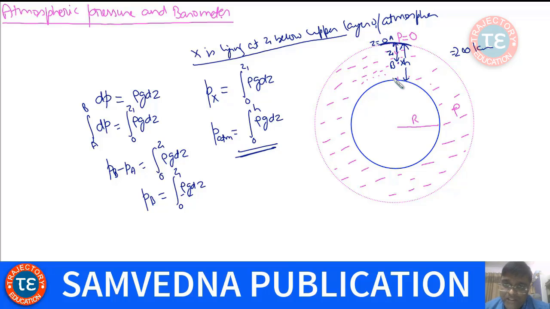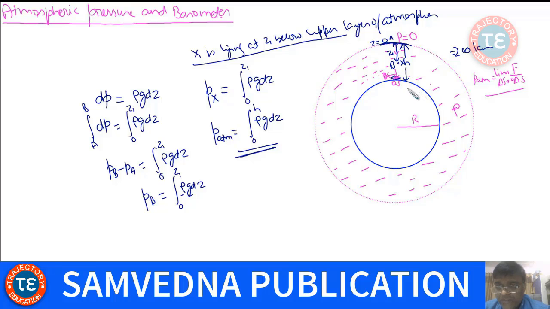The best way to measure it is to take a small surface delta s and see what force is acting on it. Then P atm can be simply calculated as F upon delta s, where delta s is very small. That's the way to calculate P atm. This delta s may not be horizontal, it can be tilted, no issue.